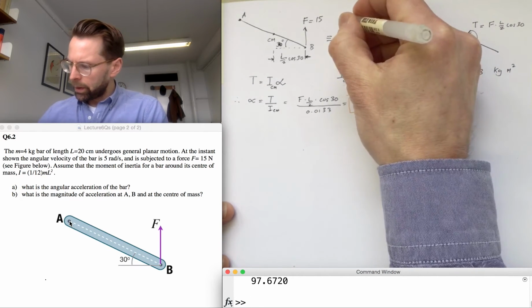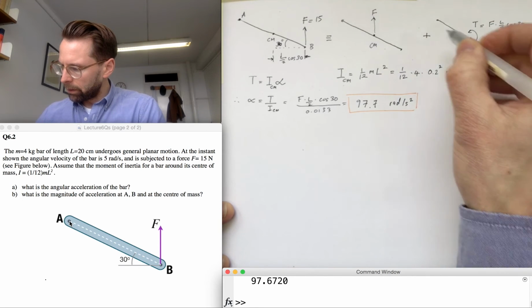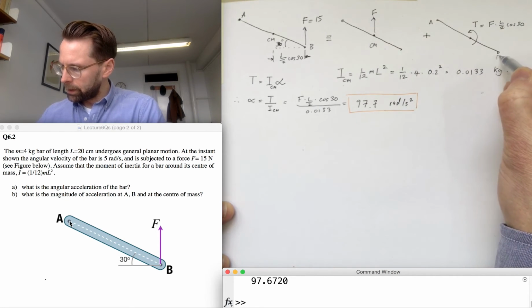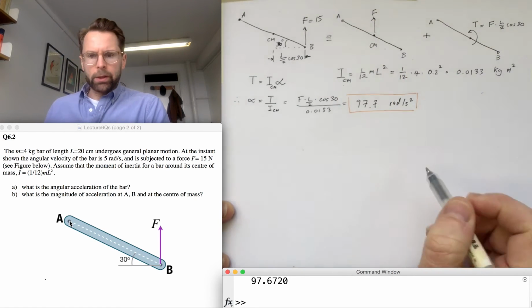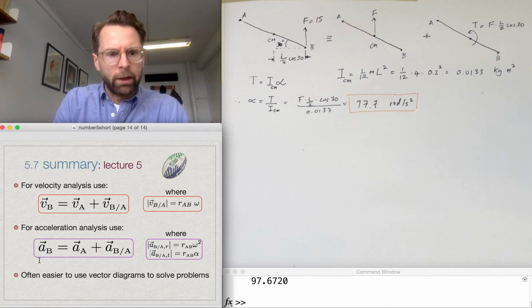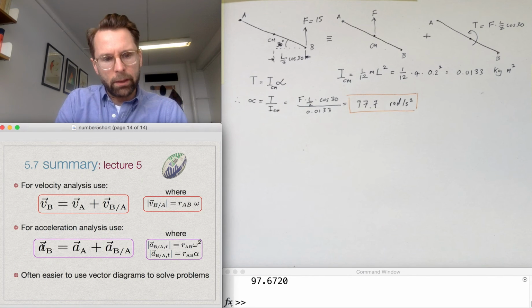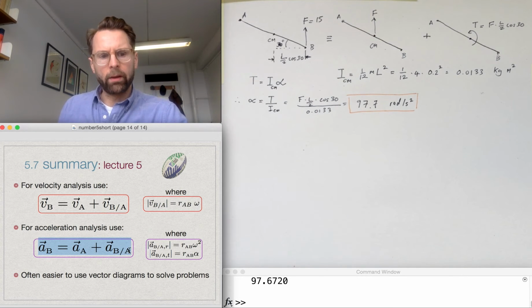So let me just put a bit more detail on these figures here. So now we're going to go to our summary slide for lecture 5, and we're going to use this equation. But instead of B and A, we're going to switch the subscript.